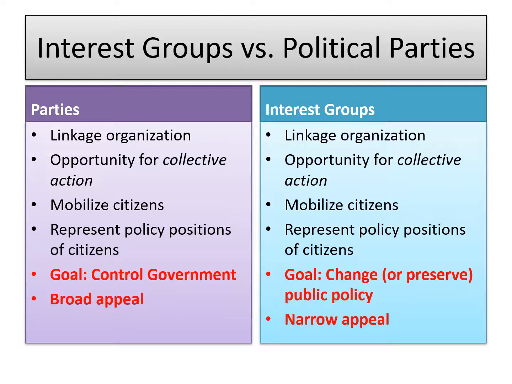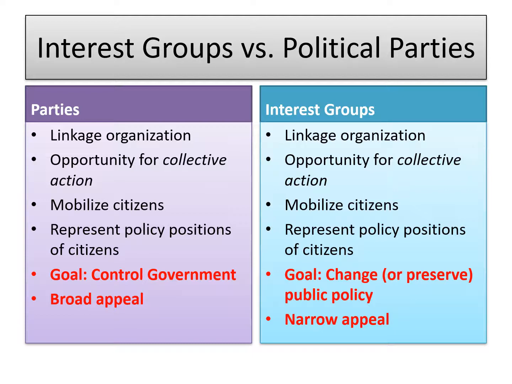Their goal is to change public policy to fit what their policy position is, or to try to keep public policy the same. For example, I'll keep coming back to the National Rifle Association because so many people know about that and understand what its purpose is.